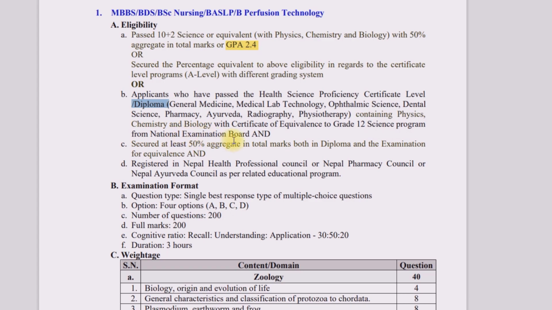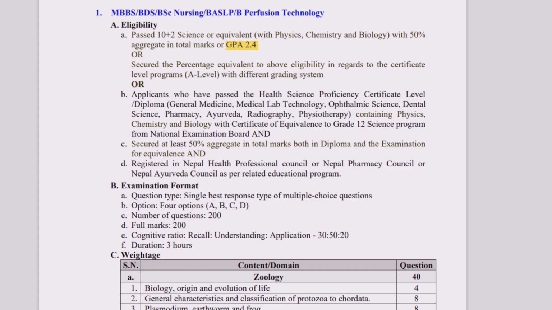And the next criterion is that the applicant should score at least 50% aggregate in total marks, both in the diploma and the equivalence examination. So that's the basic eligibility. Only if you meet this criterion, you are able to apply for the MEC examination.